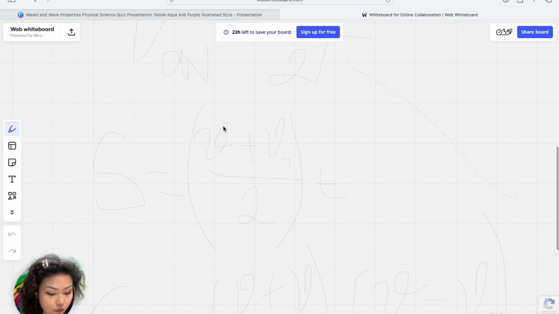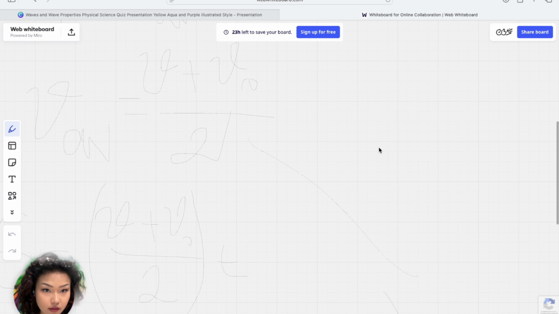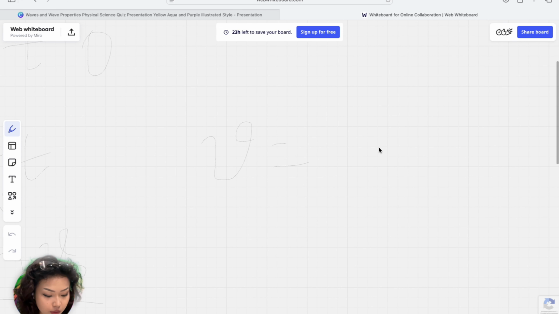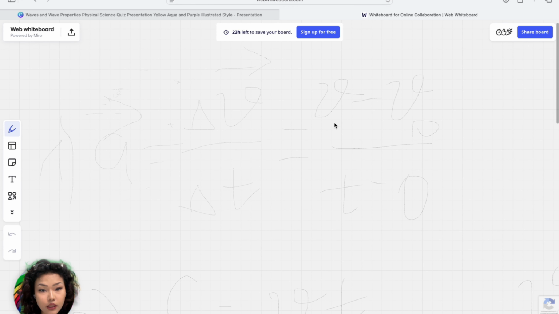Okay, so the formula of final velocity, guys, is initial velocity plus acceleration multiplied by t. Where did we take this formula from? Of course, from the first formula. V, velocity, equals acceleration multiplied by time plus initial velocity.